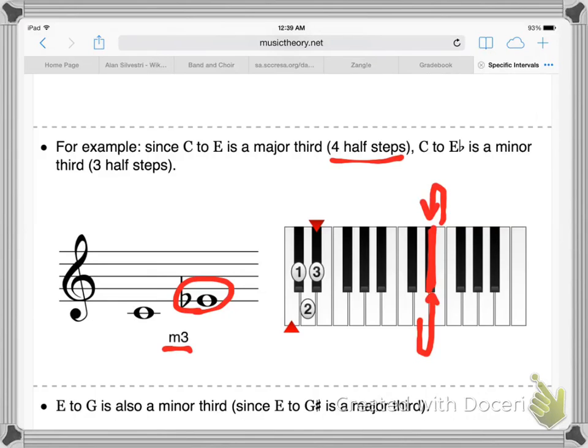Now down here, if we went from C to D sharp, that's not a third anymore. You're moving a second, okay? And it's sharp, so you would call that, you don't have to remember this, augmented. It's a half step higher than major. But it would be a second now because, even though it's the same pitch, it's written like a second.